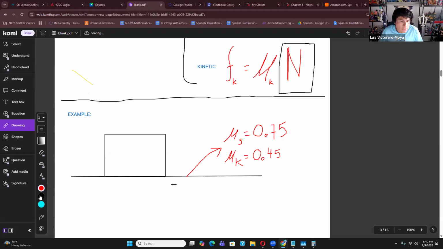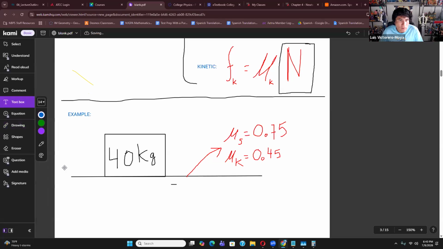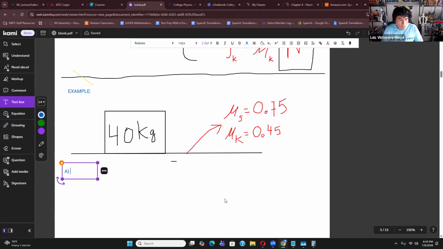The mass, let's say, is 40 kilograms. Okay, let's keep it a whole number there, round it. So the question: A, what is the minimum force required to move the mass from rest?